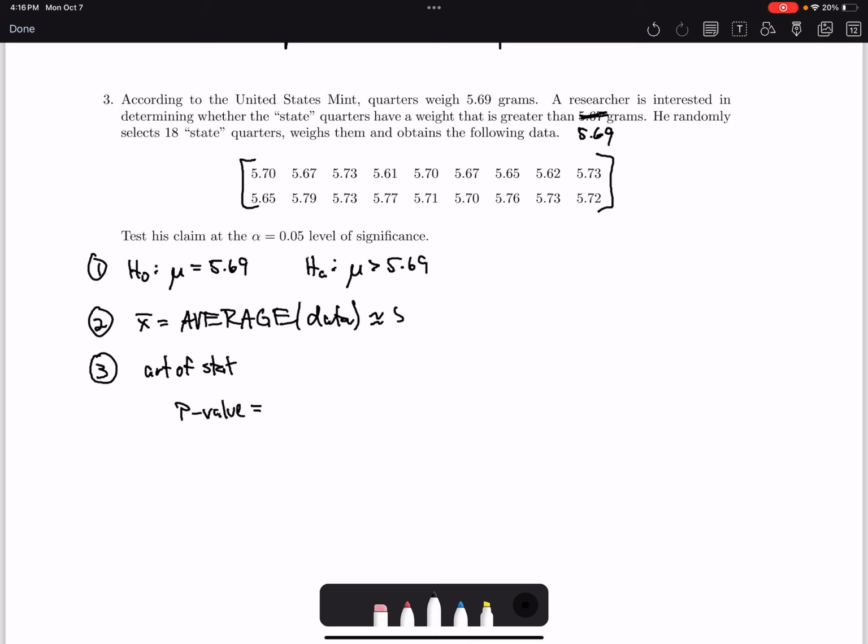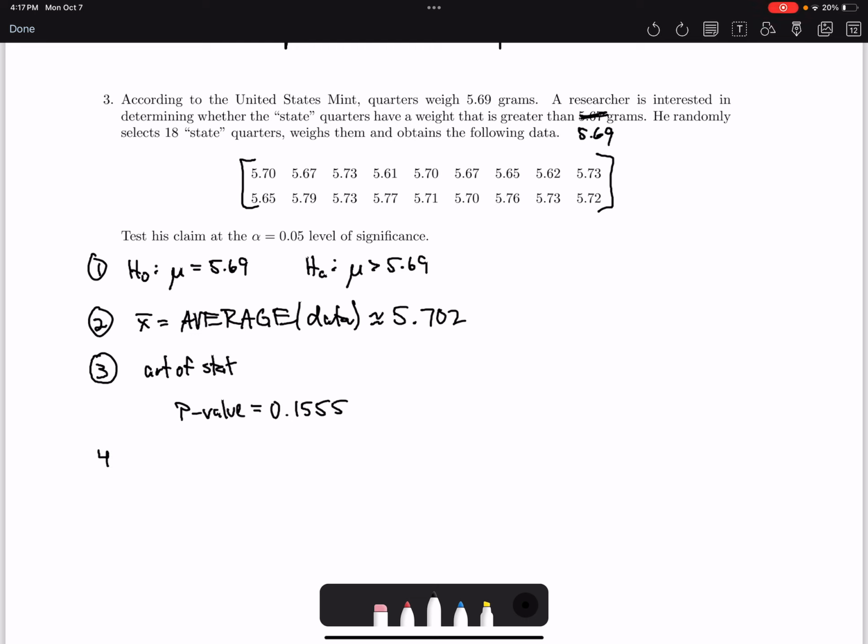So the mean was 5.702. So that is a little bit larger than 5.69, but not very much. And in fact, the p-value is pretty large, 0.1555.